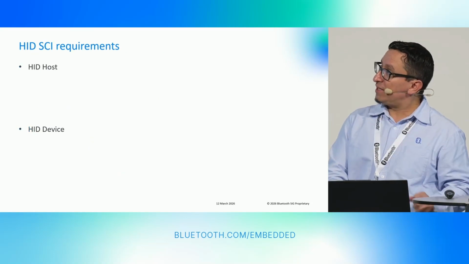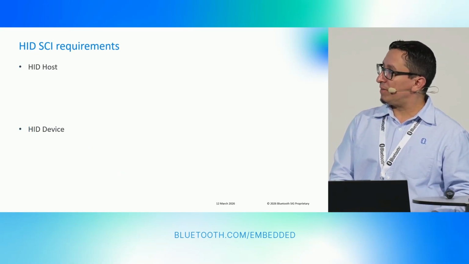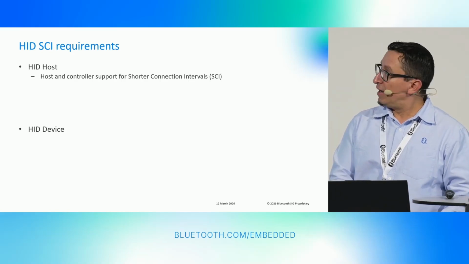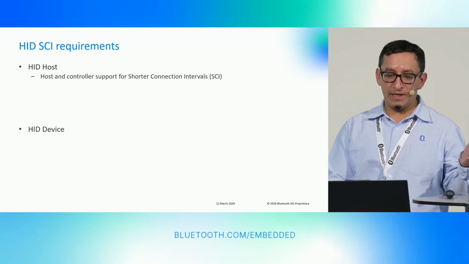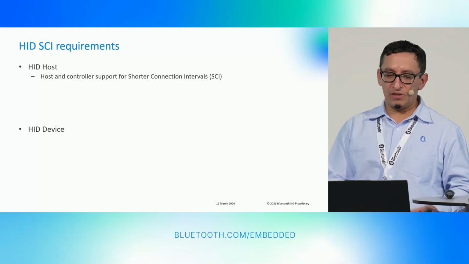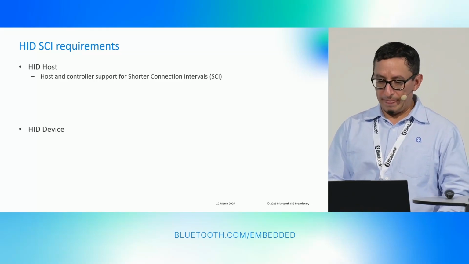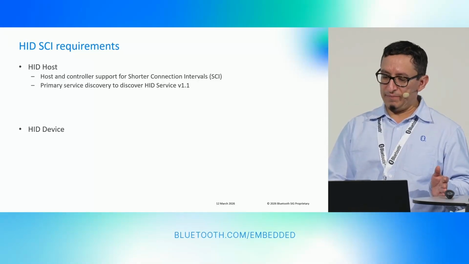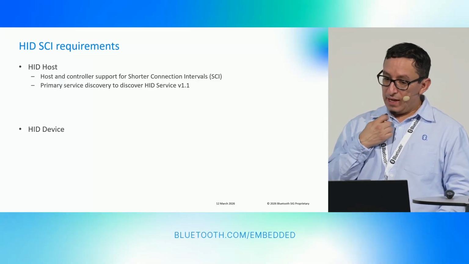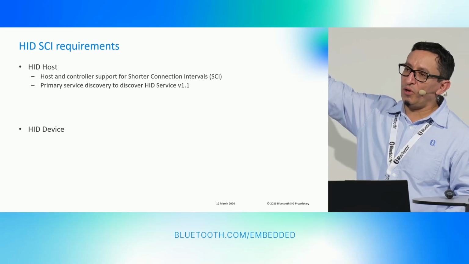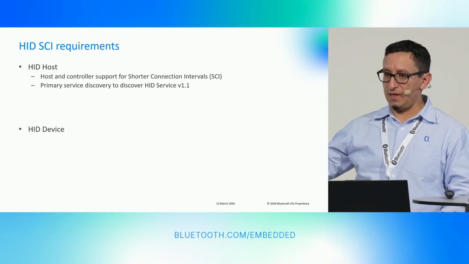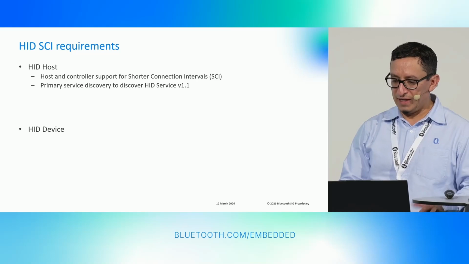To support HID SCI, these were the requirements that are being introduced to HID over GATT Profile version 1.2. The host device, HID host, must be able to support shorter connection intervals. It also must be able to discover the HID service through primary service discovery. And note the version 1.1 of the HID service. That is the updated service that includes the support for HID SCI.